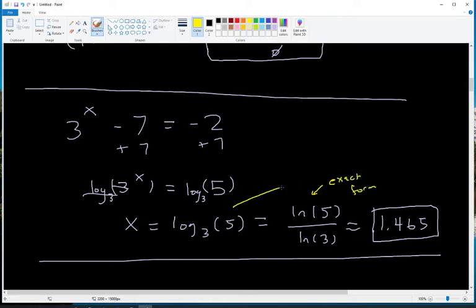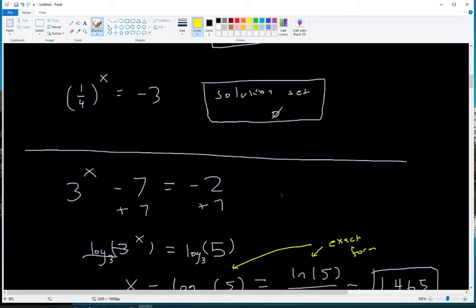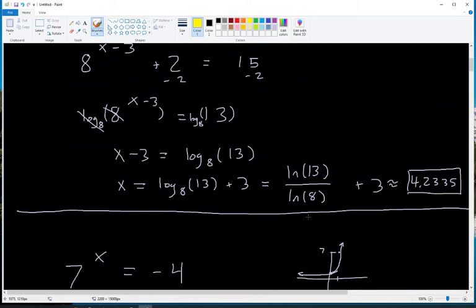This right here also would be exact form. I'm not sure on the exact forms, the homework system, if it asks for exact form, I'd try it with the natural logs and just see if it likes that. And if it doesn't, then I'd go back to the base 3. But I'm pretty sure it's defaulted for natural logs. So like on this one, here's exact forms.